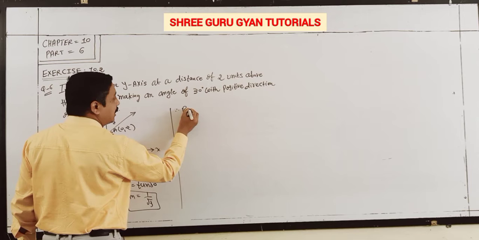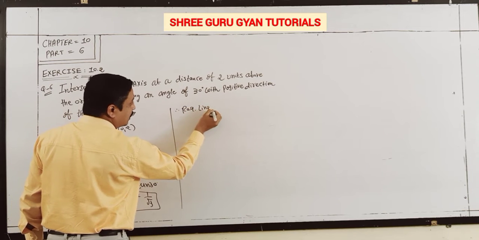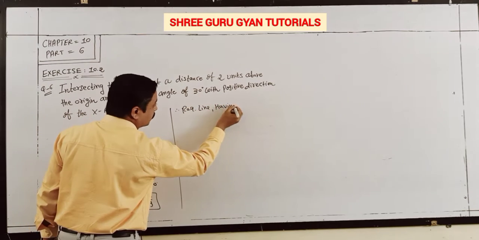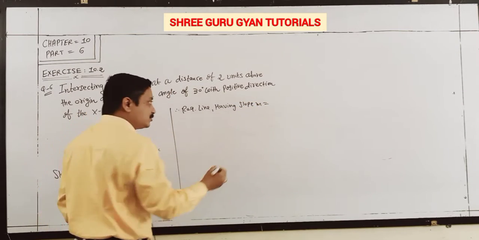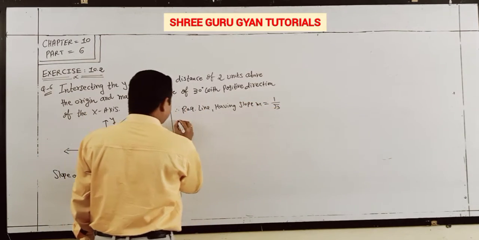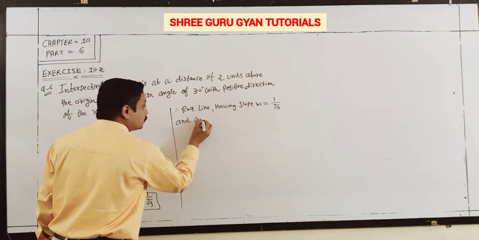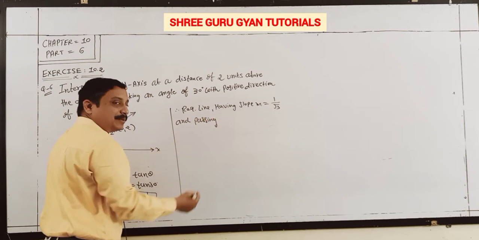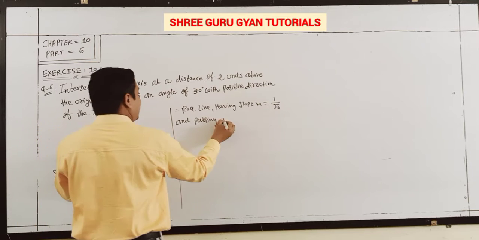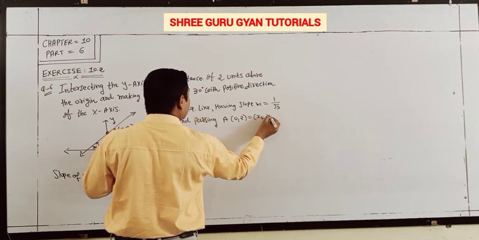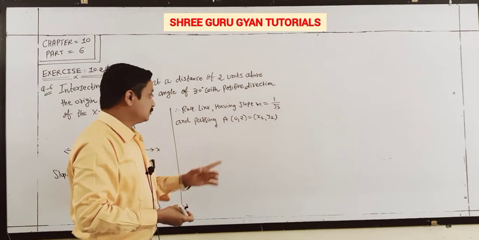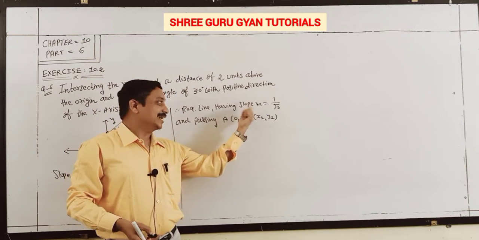Therefore the required line has slope 1 by root 3, and students, you will check the point it passes through, (0, 2), which I indicate as (x1, y1).